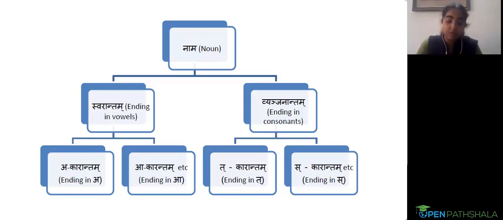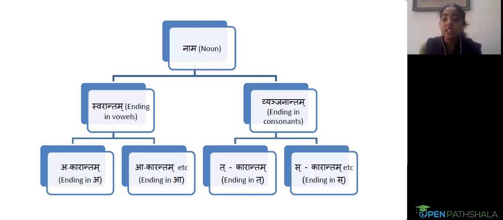So the nouns are classified into different types based on the letter in which they end. If it is ending in a vowel, it will be called Swarantam, and if it ends in a consonant, it will be called Vyanjanantam.